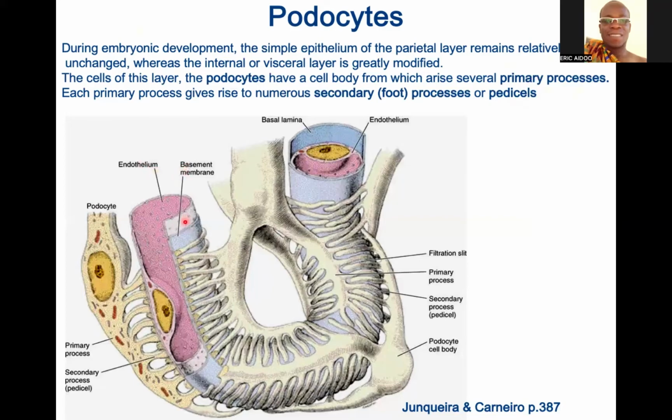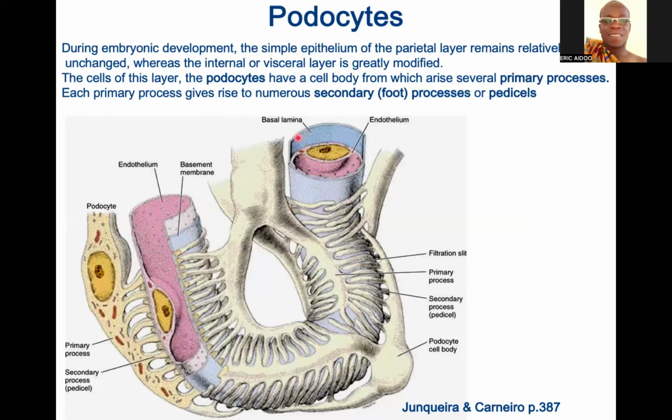Okay, so that's the endothelium. That's the basement membrane of the endothelium. And then you also have the basement membrane of the podocytes. Okay, together they are back to back. The basement membrane of the podocyte and that of the endothelium are attached together. And then you have the endothelial lining itself and the podocyte.